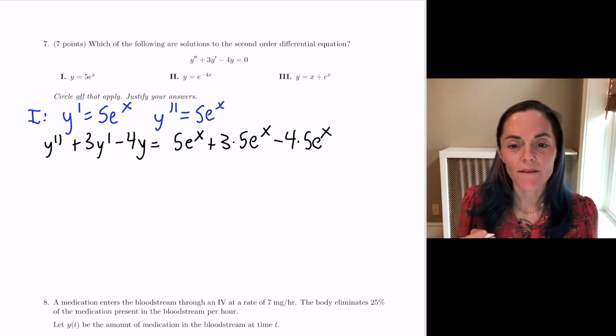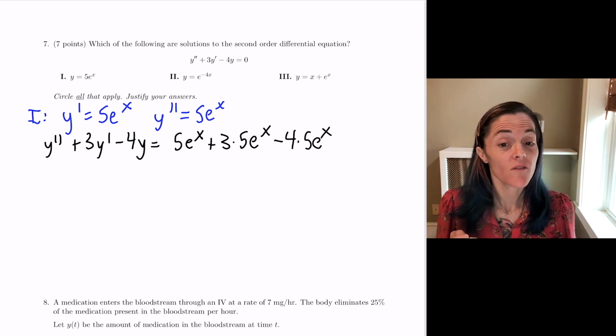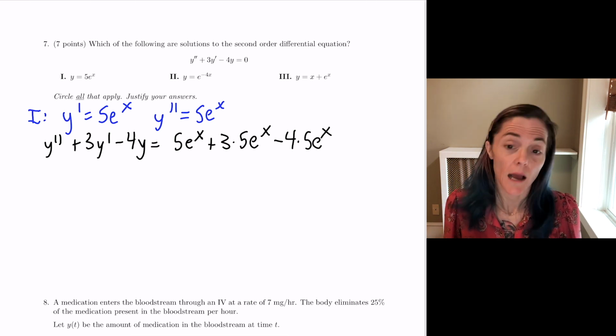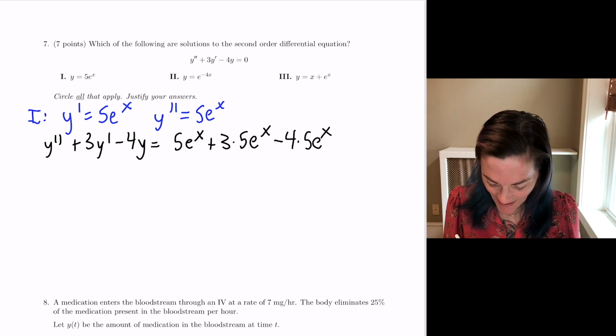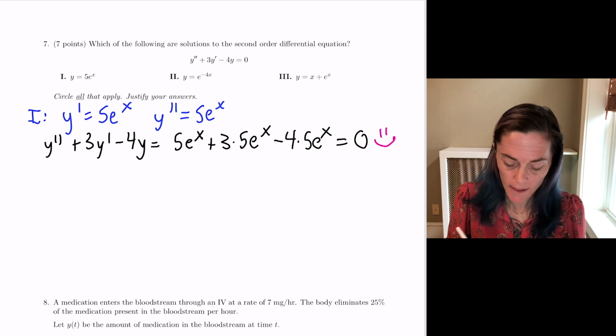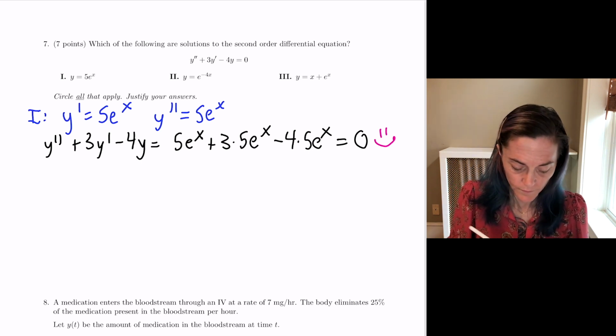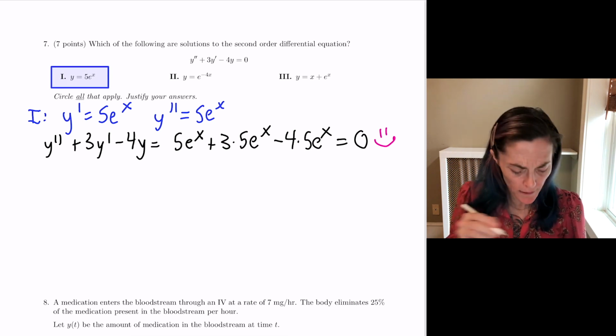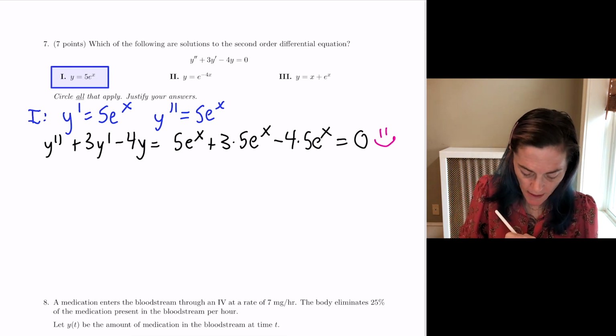Okay, what do we have here? I have 5 plus 15 minus 20 times e to the x. Oh, okay, this will be 0. So let's circle it. My circle, well, became a box thanks to GoodNotes, but I will leave it like that.